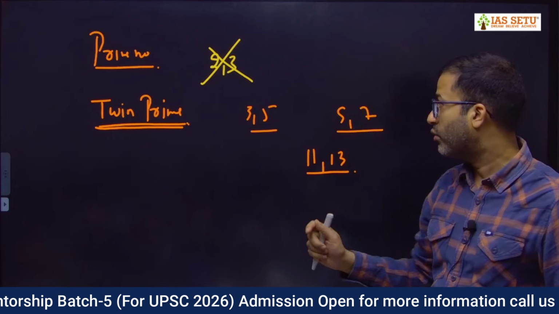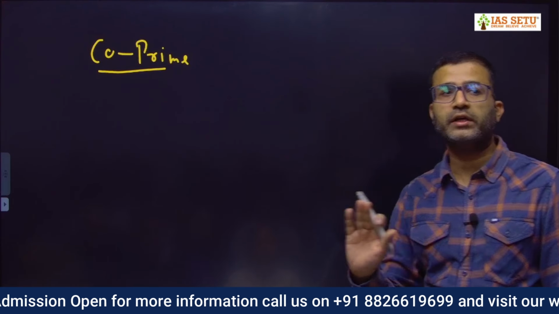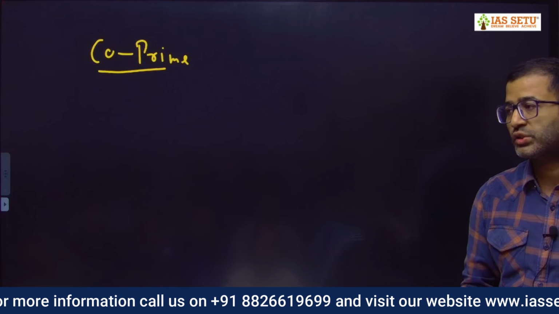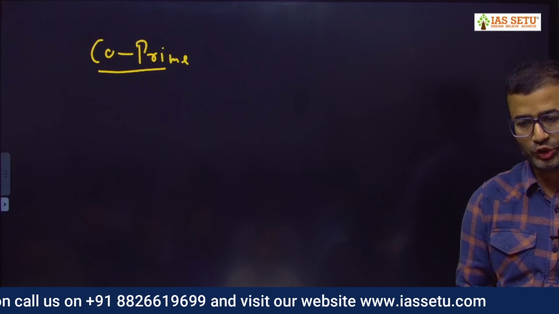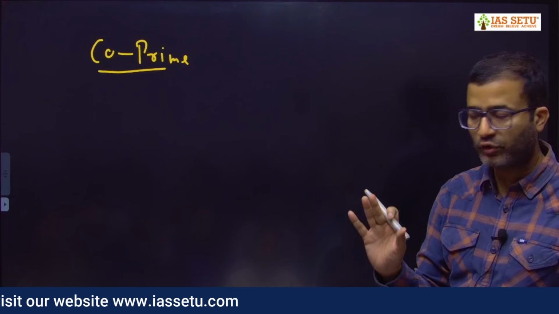So here I will tell you what co-prime is and clear this co-prime concept, because I have to use it in other topics also. I give the definition, you note it down, then we will work on that.